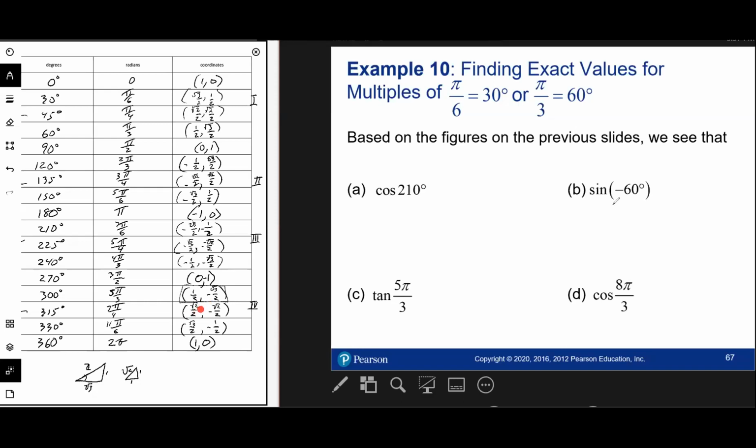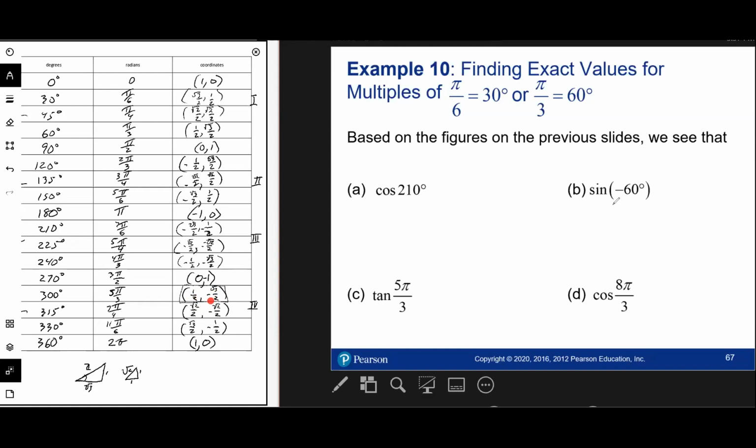And so tangent is y over x. So negative square root of 3/2 divided by 1/2, which is the negative square root of 3. Yeah, I play with numbers all the time. What can I say?